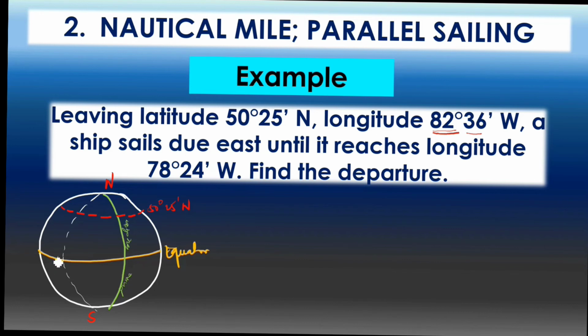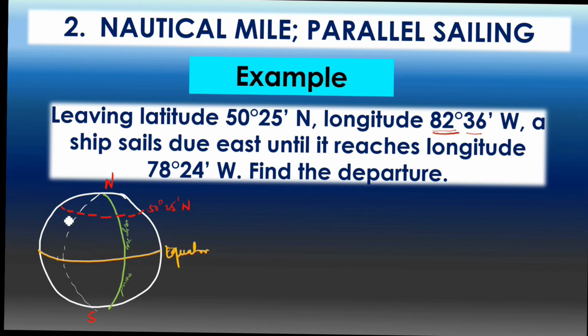Remember, class, the latitude is 0 degrees to 90 degrees, because it is from the equator to any pole, the North Pole or South Pole. For longitude, if you remember from the previous topic, the longitude is 0 degrees to 180 degrees.